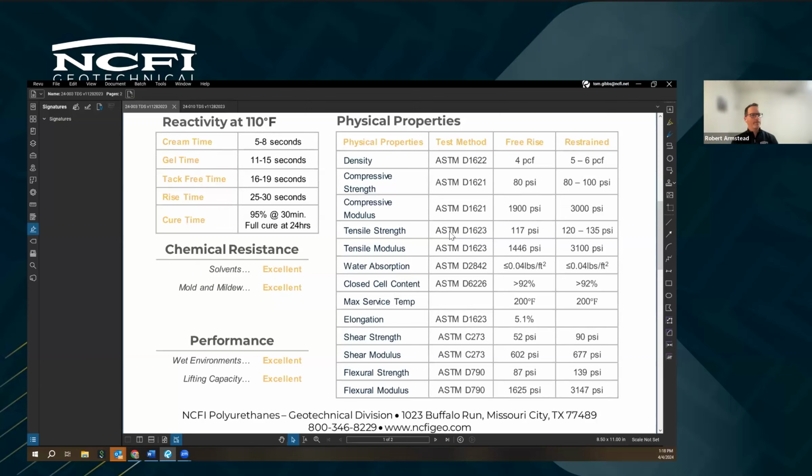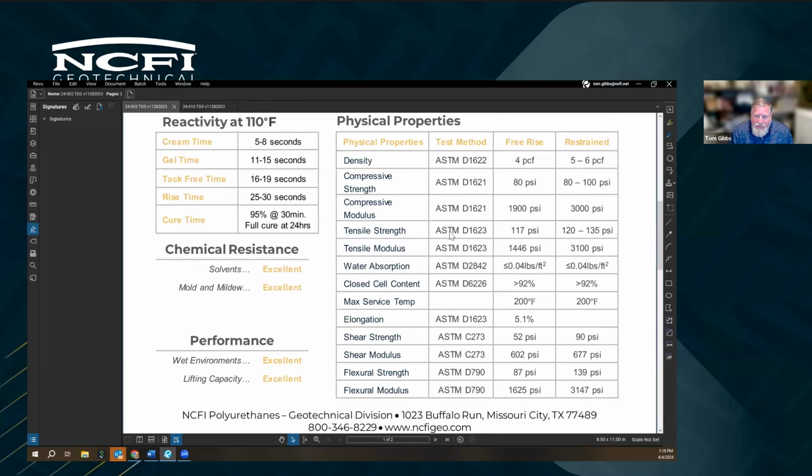Great. And then how do you know how much material is needed for a seawall fix and how much to apply? With the single components, we have a general rule of about a half a gallon of material per cubic foot of soil that you want to treat. Depending on the design of the solution, if you're just doing a curtain wall behind a wall, one foot deep from front to back, depending on how tall and how long the wall is that you're treating, it's about a half a gallon per cubic foot.